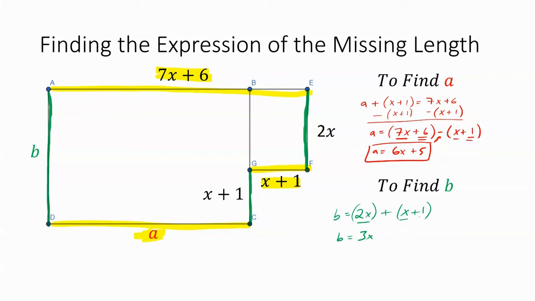And then the 1 is all by itself, so it just moves down. And there you go. B equals 3x plus 1. So that's the expression to represent B. Okay. So again, you're just kind of bouncing back between opposite sides, seeing what pieces match with what. It's like a puzzle. So think of it like a puzzle.